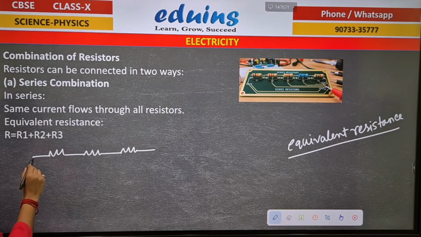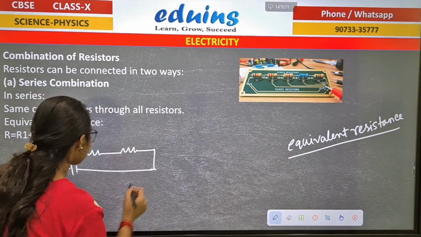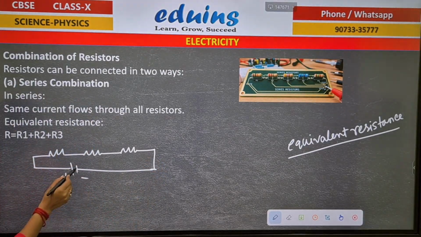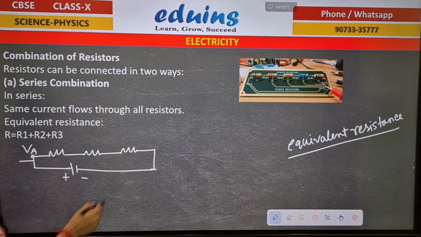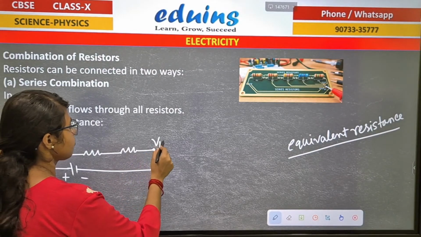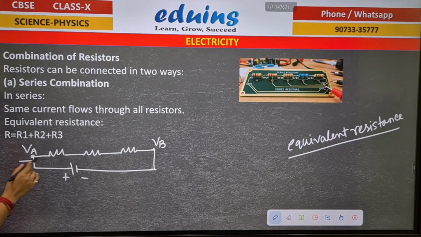We have to join a battery first for the current flow. This is the positive terminal and this is the negative terminal. At this point the potential is VA and here it is VB. This is the potential difference between the two terminals, the positive and the negative.